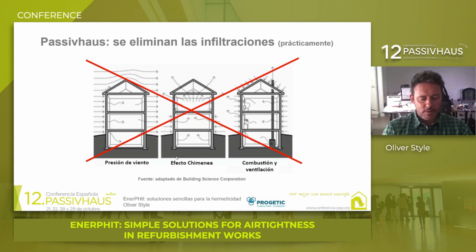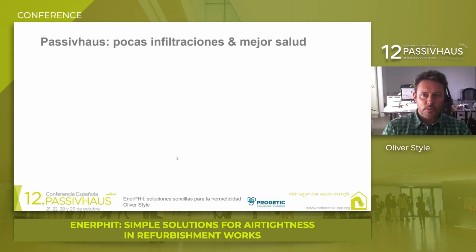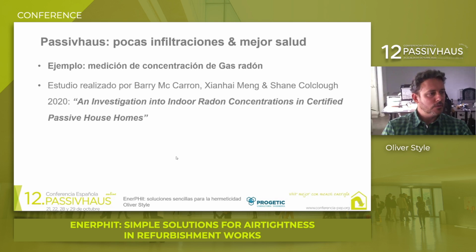The reduction in these infiltrations offers many advantages at energy, economic and comfort level. Lower heating costs, lower cooling costs, albeit not to the same degree, and also advantages in terms of health. Let's look at an example of the measurement of radon gas concentrations in a study carried out by Barry McCarron and other experts, which will be presented later as part of this conference.